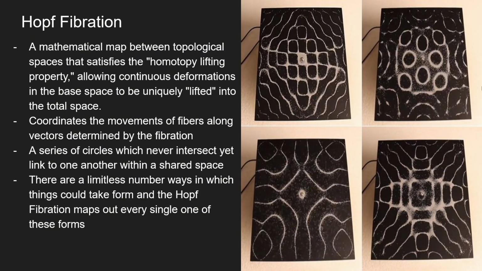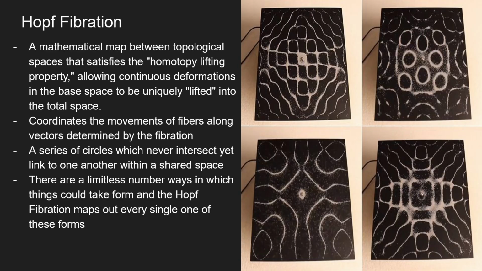So what is the Hopf fibration? It is a mathematical map between topological spaces that satisfies the homotopy lifting property, allowing continuous deformations in base space to be uniquely lifted in total space.